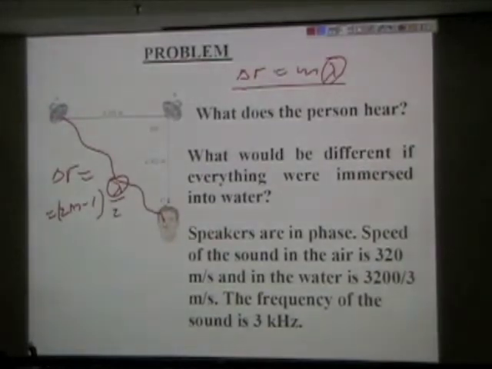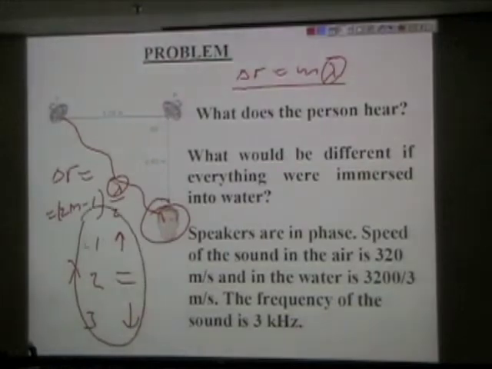What is happening to the wavelength when we immerse the whole system, including this poor guy, into the water? Your possible answers are: wavelength goes up, doesn't change, or goes down. What is happening to the wavelength of the sound when we immerse it into the water? All right, okay.